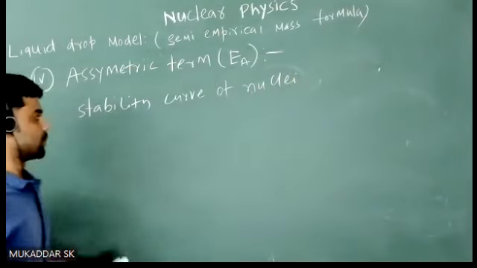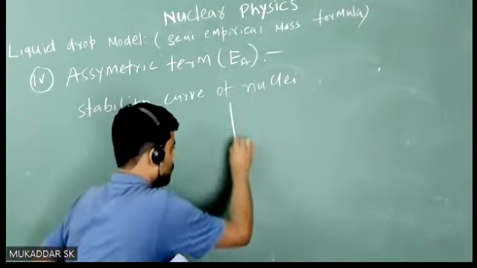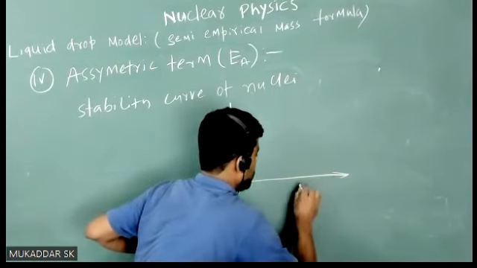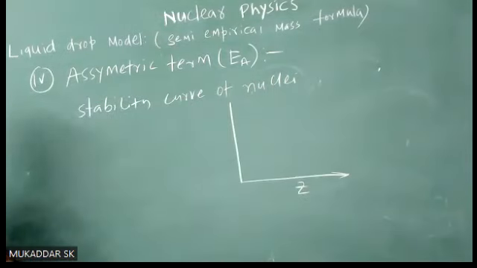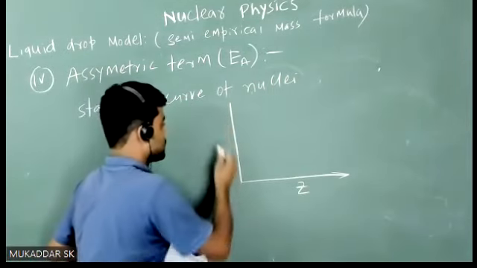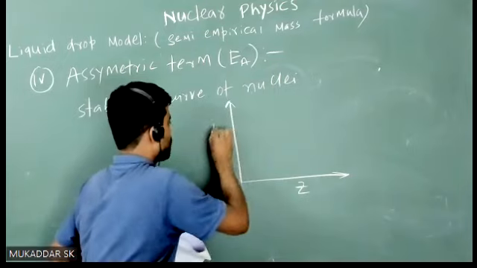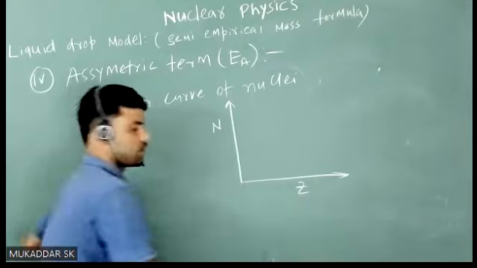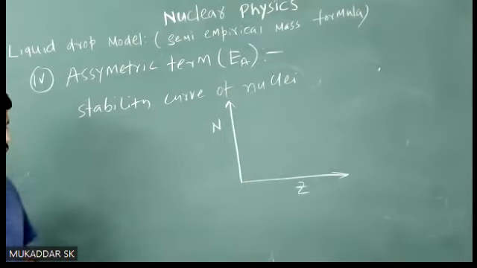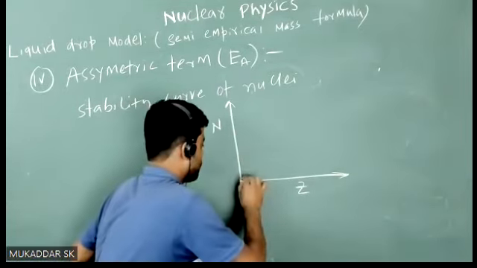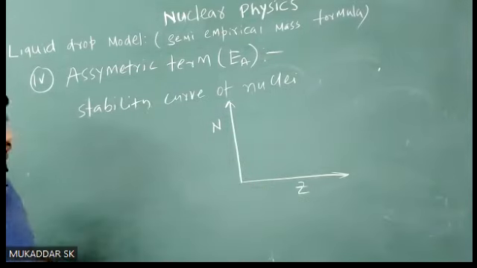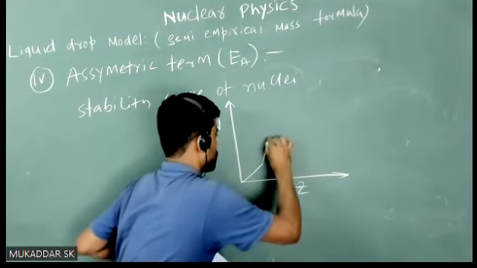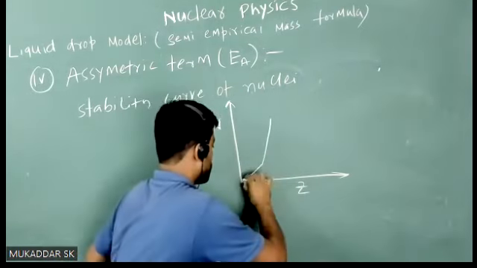if you look at the stability curve, you will see the nature of the stable nuclei and stable isotopes if you plot the curve. So let us take the number of neutrons along the y-axis, denoted by capital N, and the number of protons along the x-axis, denoted by Z. The stable isotopes follow that curve, and its nature is like this.